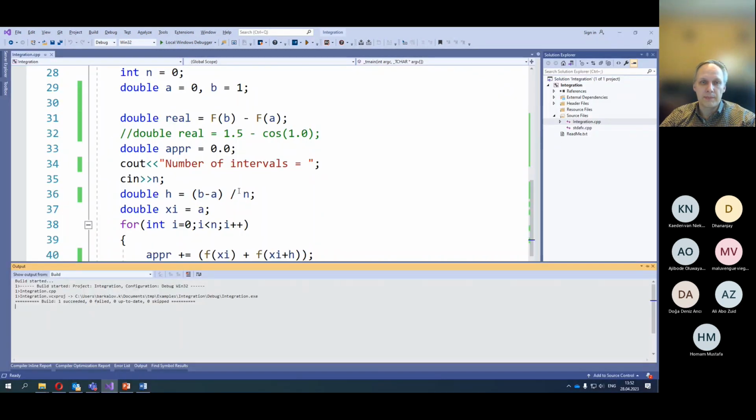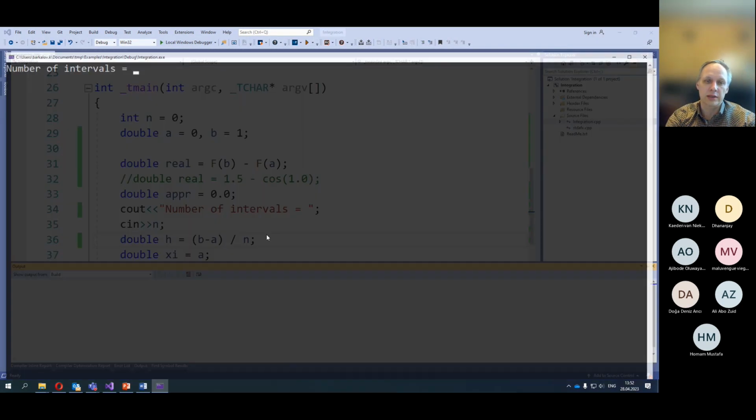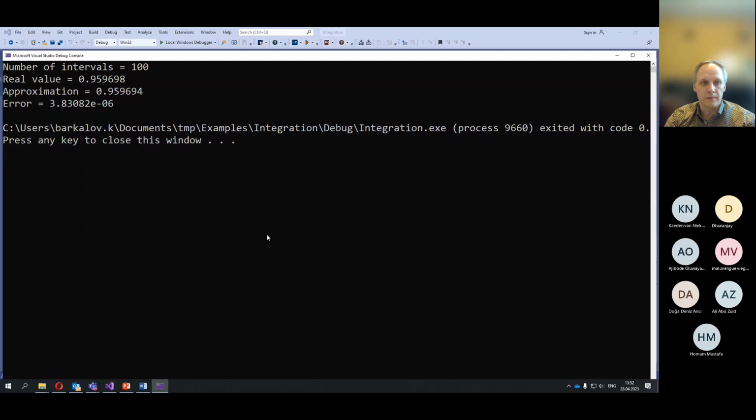Then, suppose that I increase the number of the intervals. Let me increase it to 100. In this case, the difference between real value and approximation becomes 3.8 times 10 power minus 6. The error decreased 100 times.